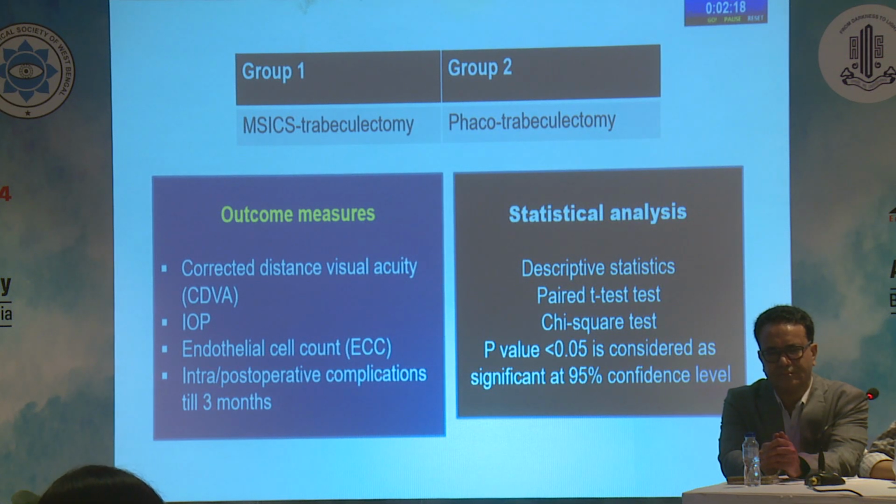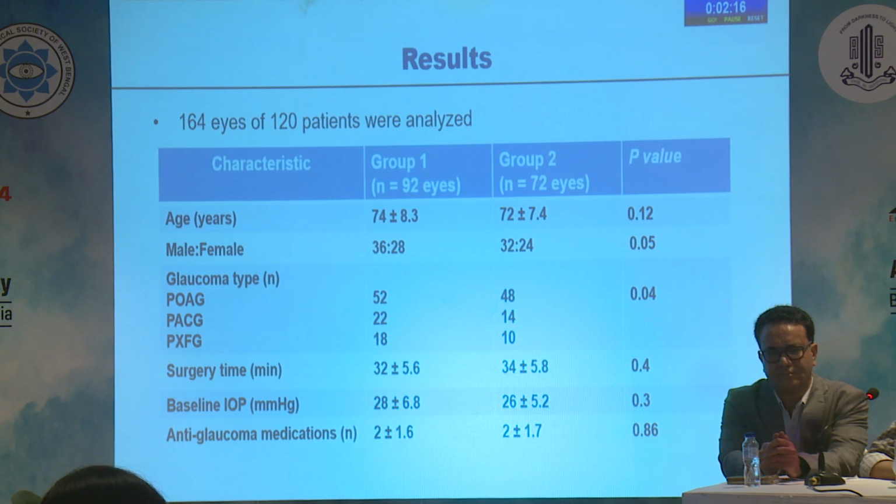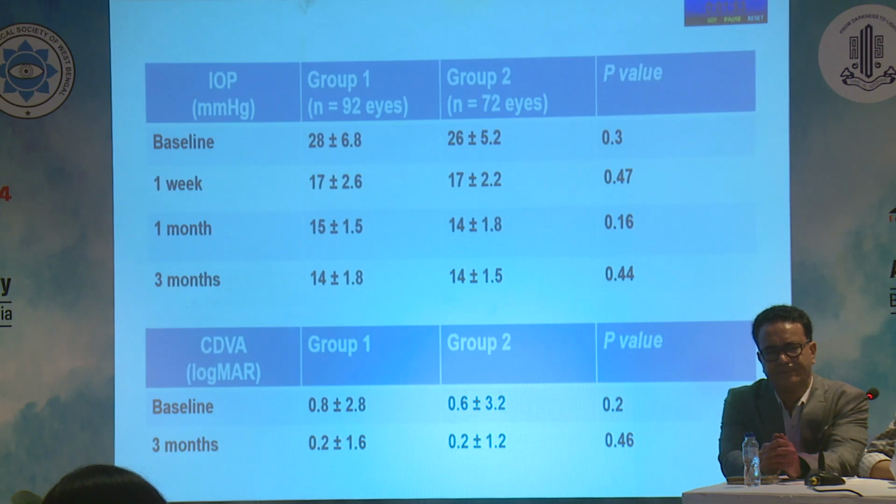These are the statistical methods used. 164 eyes of 120 patients were analyzed, and group 1 included 92 eyes and group 2 included 72 eyes. These are the demographic characteristics of the study population. This included open angle, angle closure, and pseudoexfoliative glaucomas. The surgery time was 32 minutes in group 1 and 34 minutes in group 2. However, there was no statistically significant difference between the characteristics.